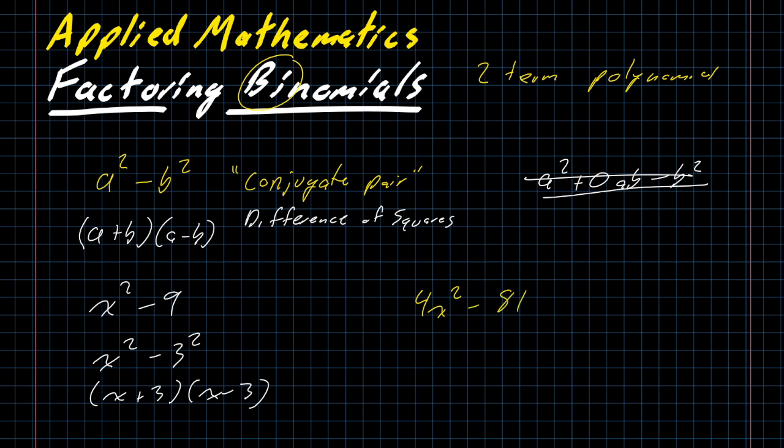Well, 4 is a perfect square. 4 is 2 squared, so 4x squared is 2x, the whole thing squared. And 81 is 9 squared. So this is going to factor to 2x plus 9 times 2x minus 9.